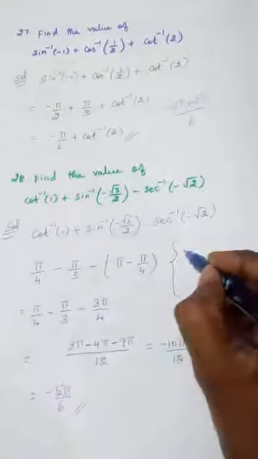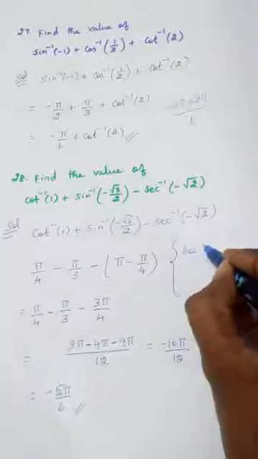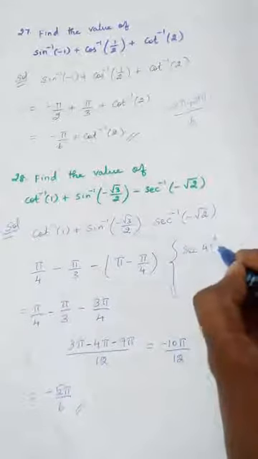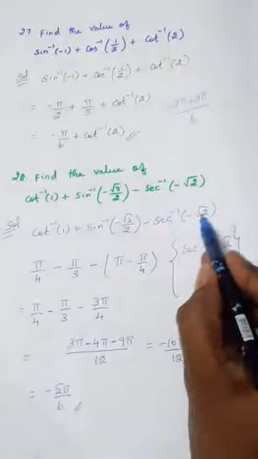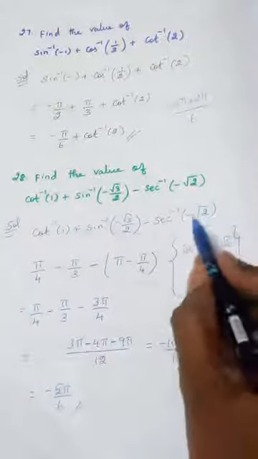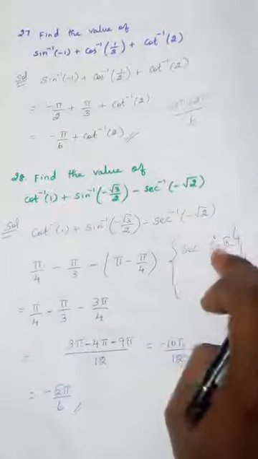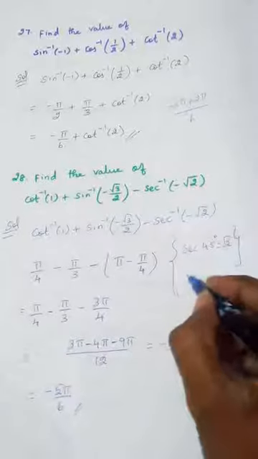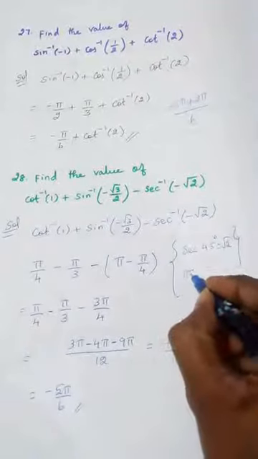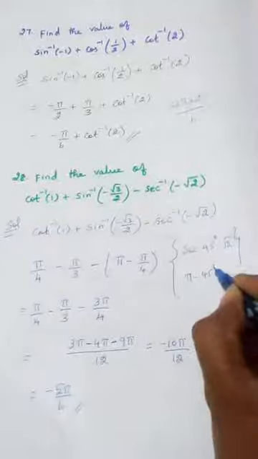For this, we know that secant 45 degree equal to root 2. So since root 2 is present, if there is no minus sign, I should write 45 degree. If minus sign is present, I should write pi minus 45 degree.